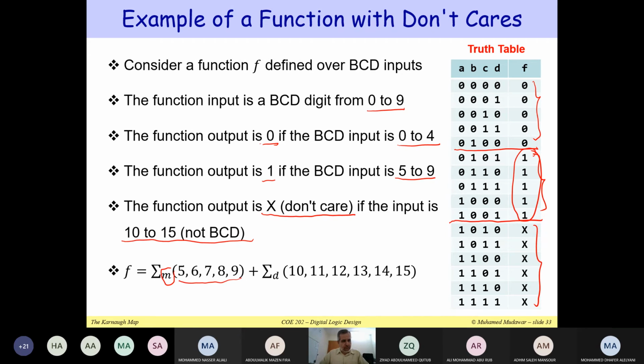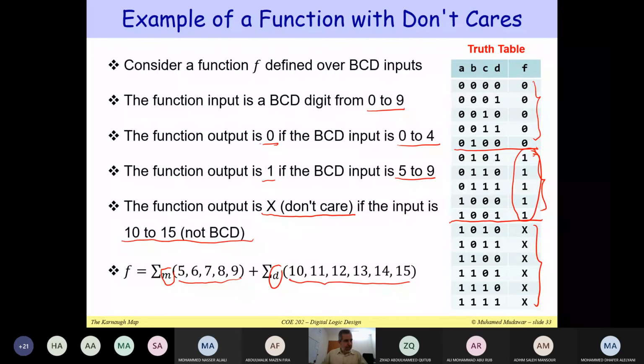But it's also important to indicate what are the don't cares. So I'm going to write sigma d. This is the notation used to indicate that for these entries from 10 to 15, the output is a don't care. That's the meaning of the d here. So we write it in sigma d notation to indicate that this is the don't care.